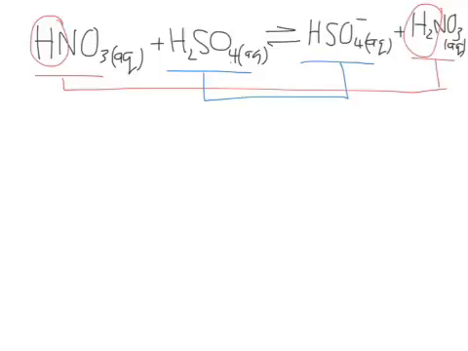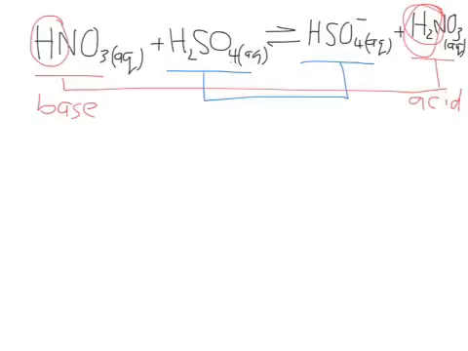So it has one more hydrogen on the right-hand side, which says that this side must be the acid, and therefore this must be the base. It's strange to think that nitric acid is acting as a base in this reaction, but the base is a proton acceptor, and if you have a look on the right hand side, it has accepted a proton.